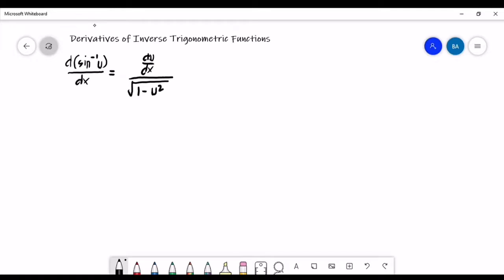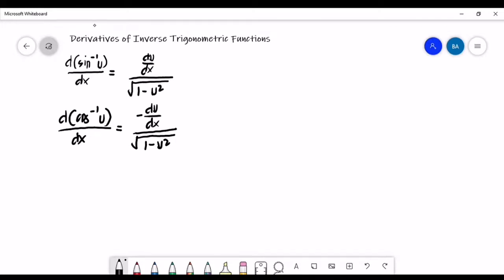Next one, the derivative of cosine raised to negative 1 of u, or arccosine u, with respect to x. This is equal to negative du/dx over the square root of 1 minus u squared.